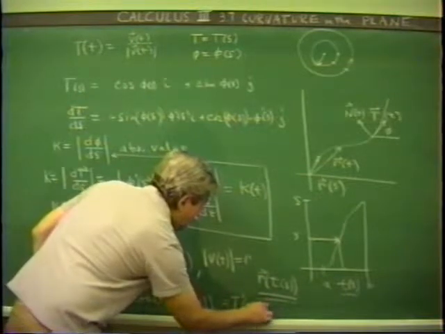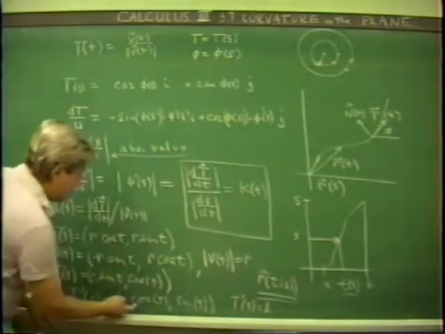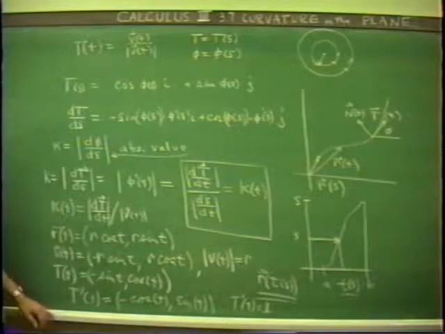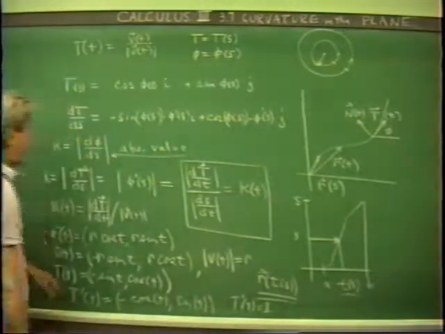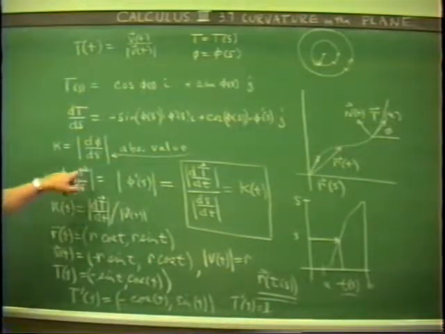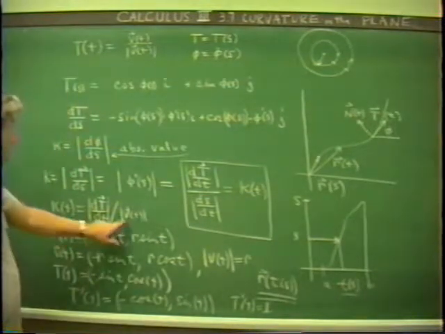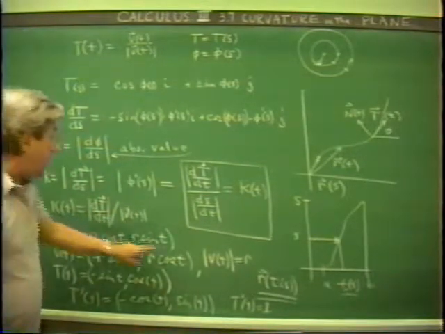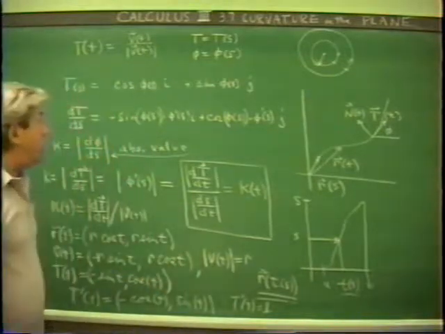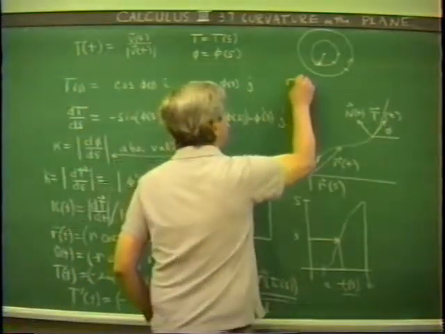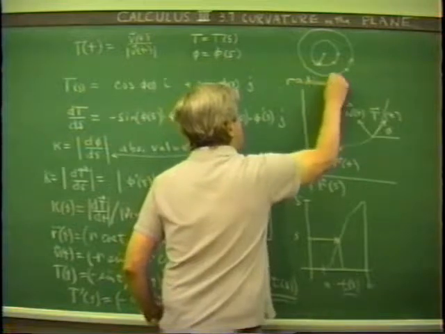The magnitude of T prime of t is the square root of cosine squared plus sine squared, so it's going to be 1. So the magnitude of T prime of t over the magnitude of v of t is going to be 1 over r.